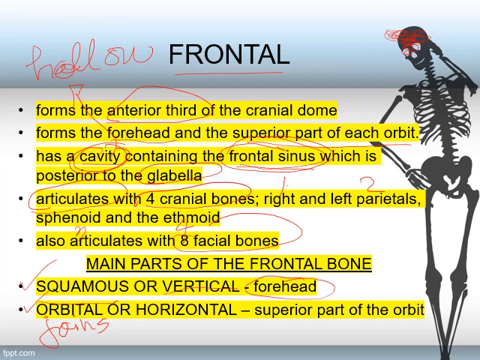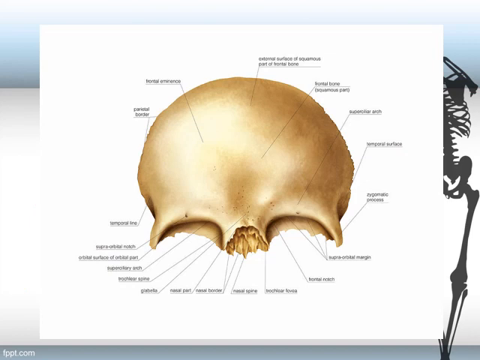So, majority ng noo natin, they are made up of frontal bones, specifically the squamous or the vertical portion. While yung sa taas lang, medyo superior part lang siya ng orbit o ng eyes natin, they are called the horizontal or the orbital portion. Okay, so I have a picture sa next slide to make you understand this part better.